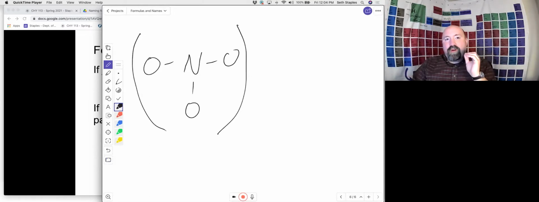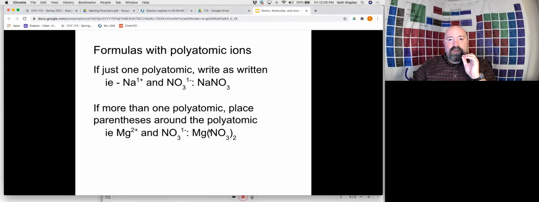And so we put parentheses around our polyatomic ions if we have more than one. And so it's Mg(NO3) with a 2 now as our subscript on the outside. That tells us that we have 2 of the entire NO3 ion.